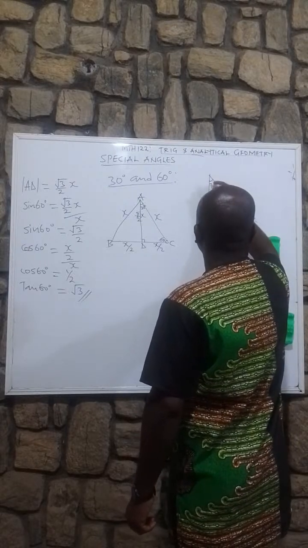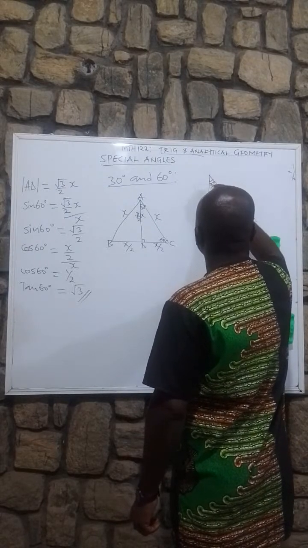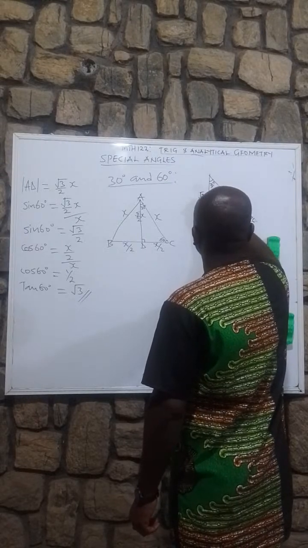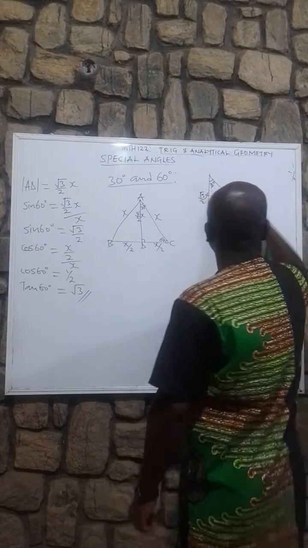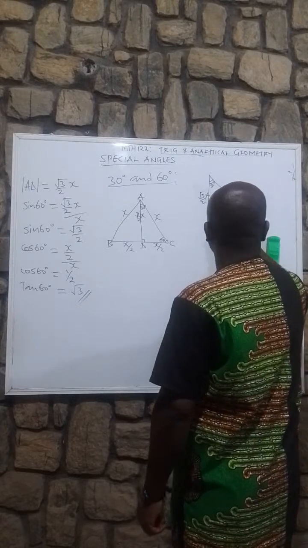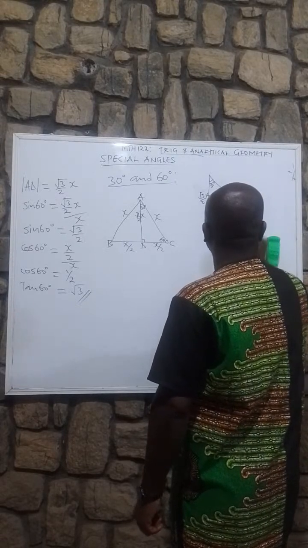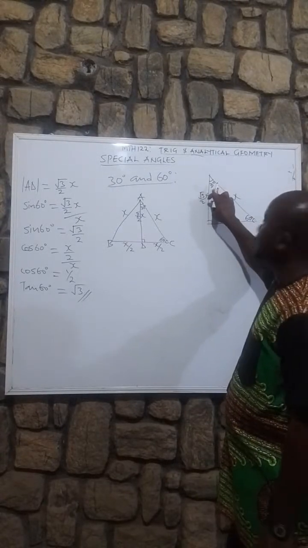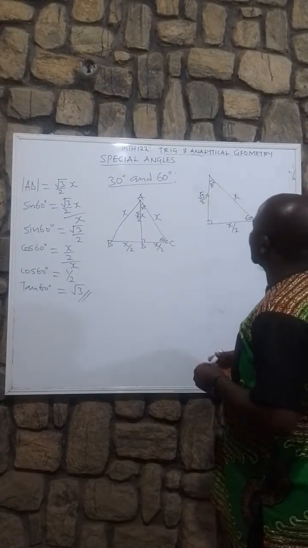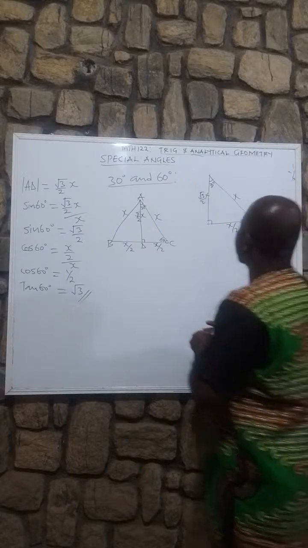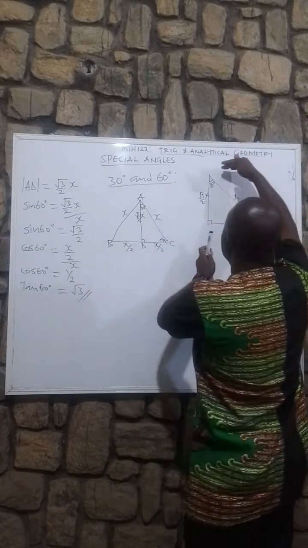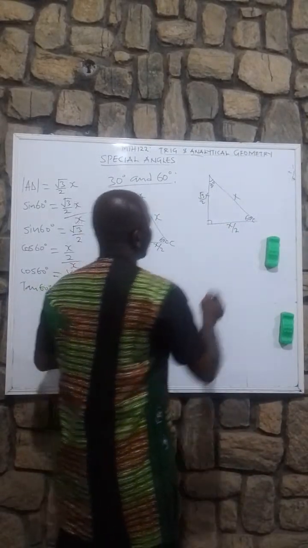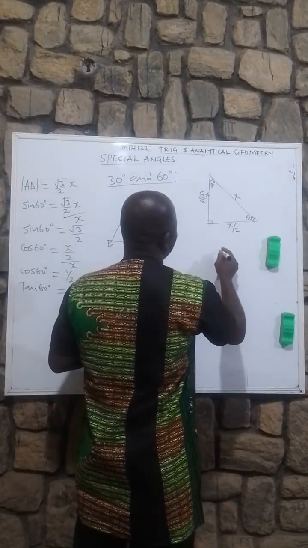This is 30 degree. We have root 3 all over 2x, here is x, then here is x all over 2. So if now we want to look at 30 degree, it means the angle will now turn this way to be in this form.